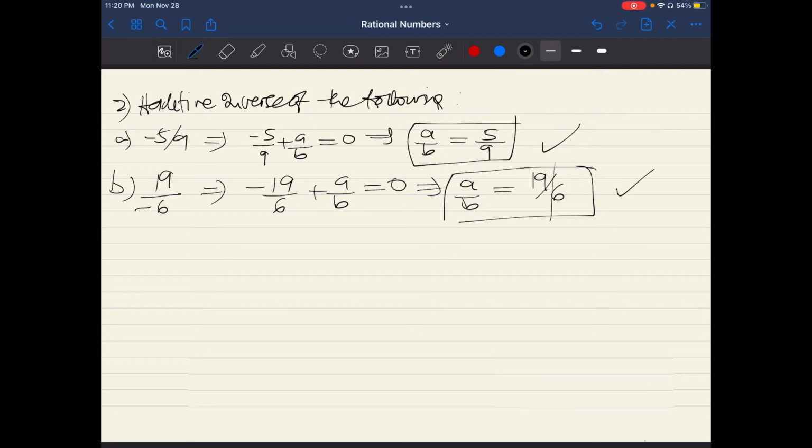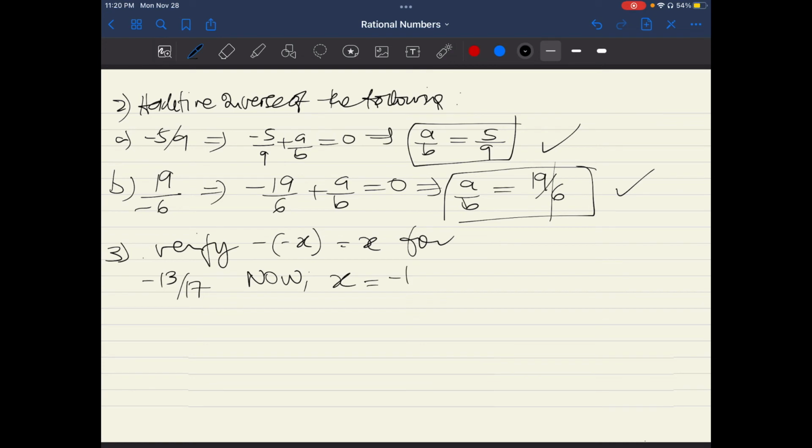Now let's move on to the next question, which is verify minus of minus x equals x for minus 13 over 17. Now, in this case, we see that x is minus 13 over 17, which implies that minus x will be minus of minus 13 over 17, which is 13 over 17.